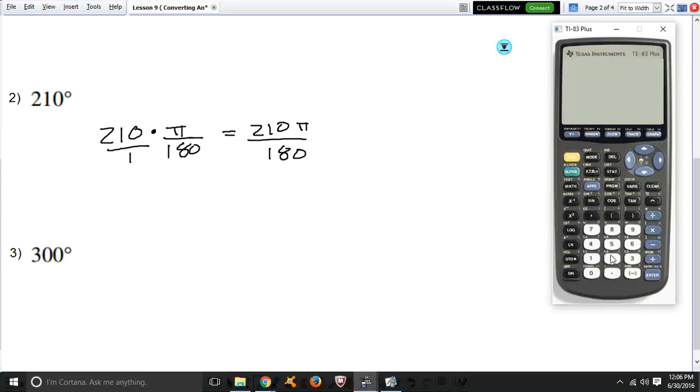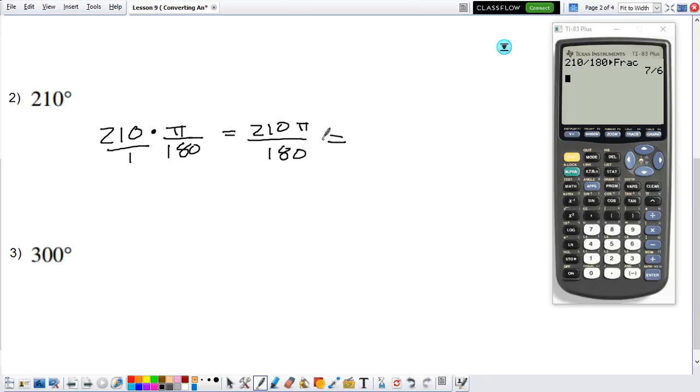Our calculator can simplify it for us. So that's 210 divided by 180. Again, if you press math under the fraction option, you get this. Let's press enter. It's 7 sixths. So that means that 210 pi over 180 is the same as 7 pi over 6.